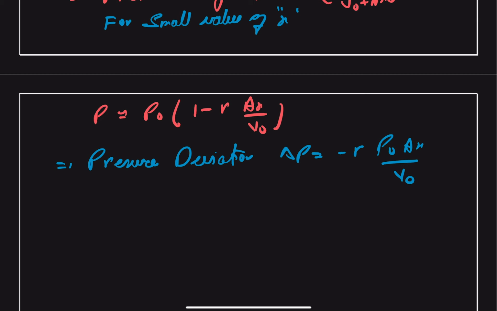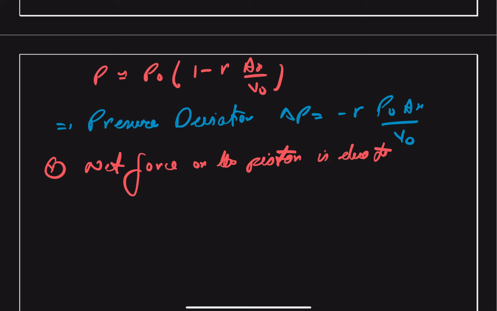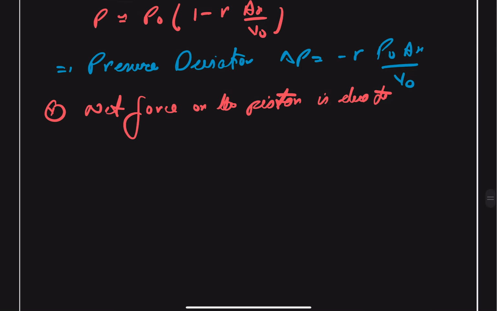Now the net force on the piston will be due to this pressure deviation. You say that net force on the piston is due to pressure deviation.